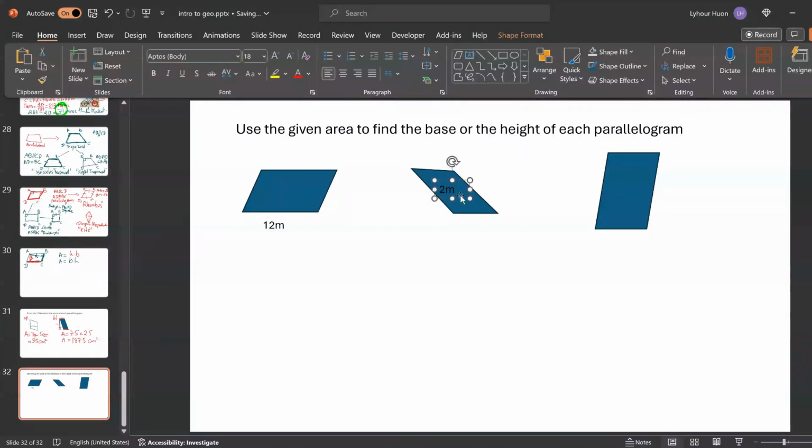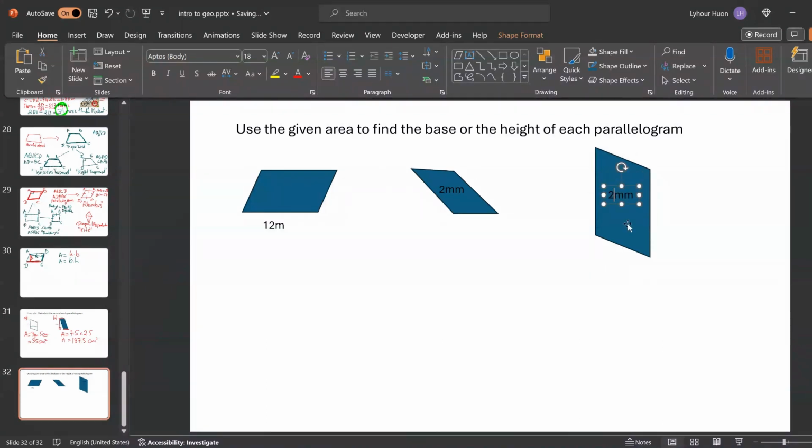Okay. This is 2 millimeter. And next, the shape has to be like this. Okay.